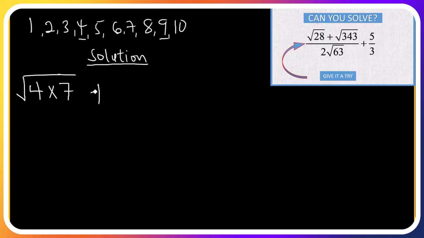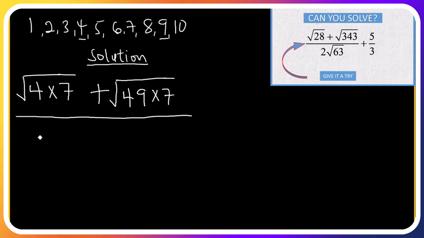Root 343 could also be written as the square root of 49 times 7, all divided by 2 multiplying root 63, which is also root 9 times 7, plus 5 on 3.